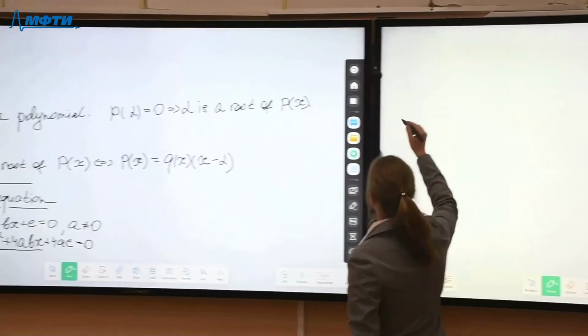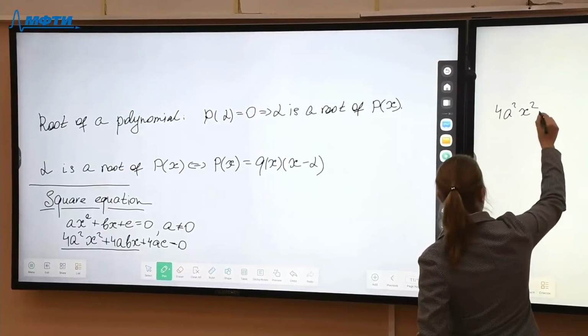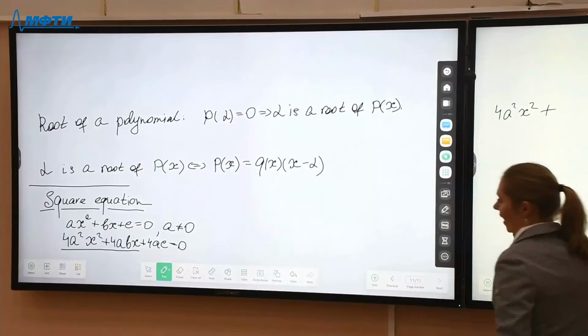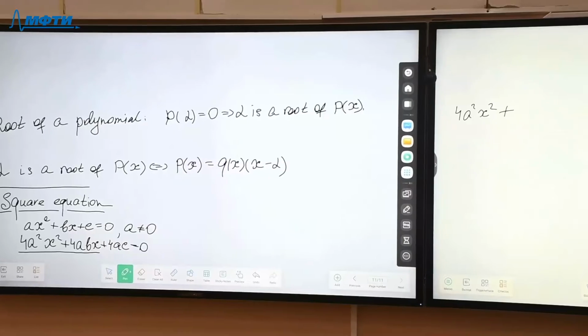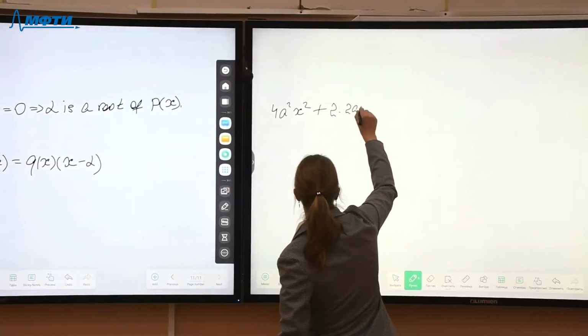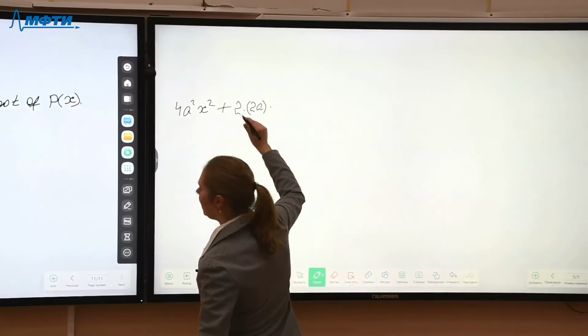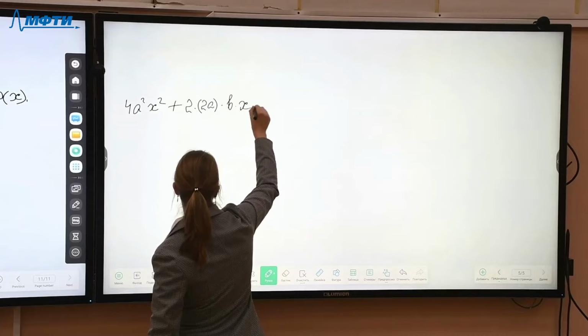So we have 4a squared x squared, then plus 4ab times x, and I will represent this thing as 2 by 2a by b by x.